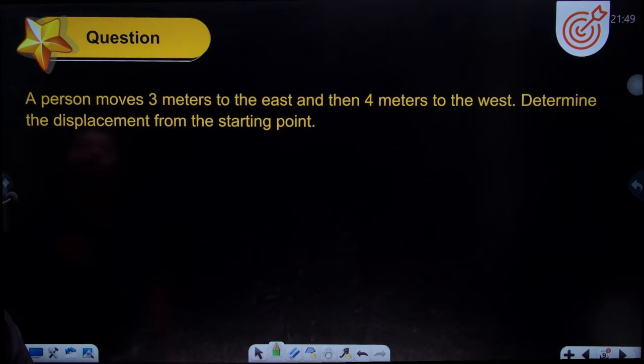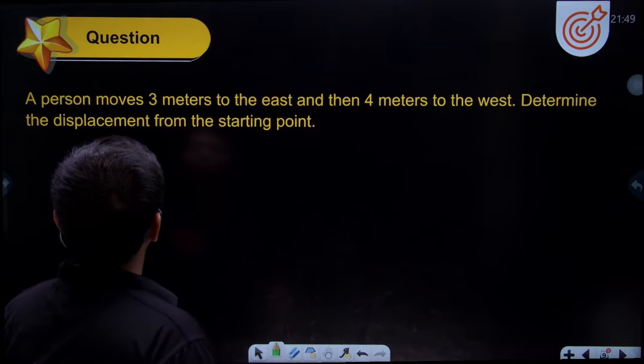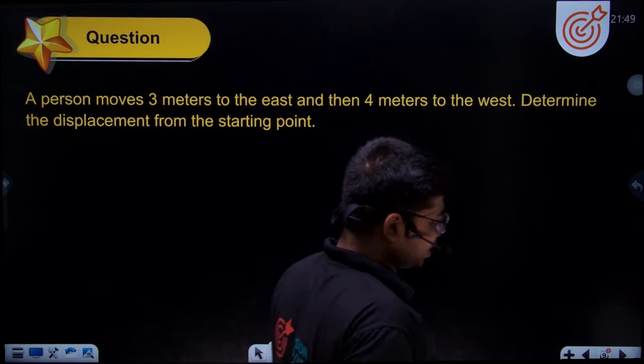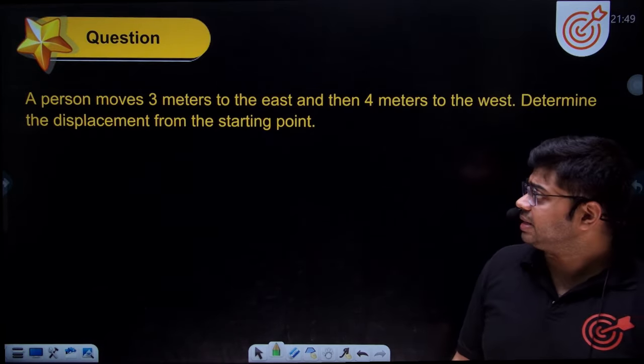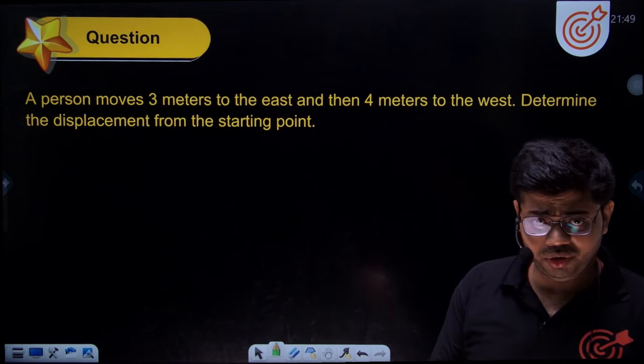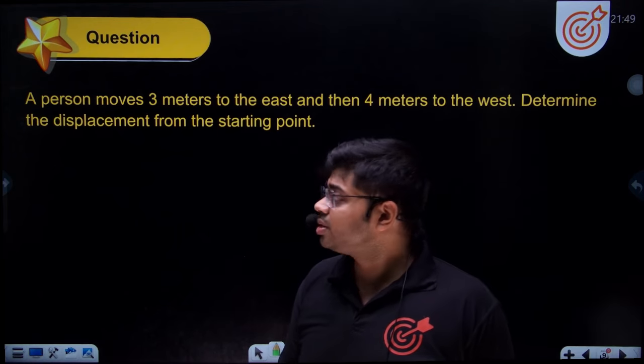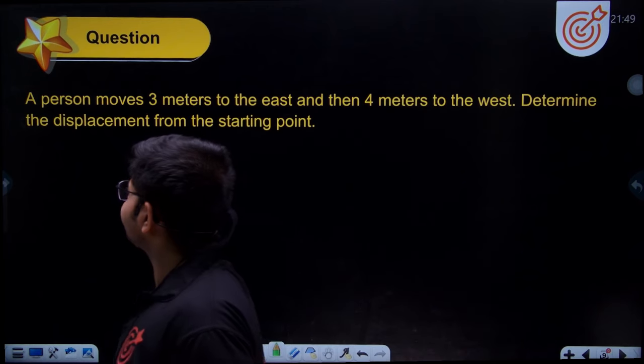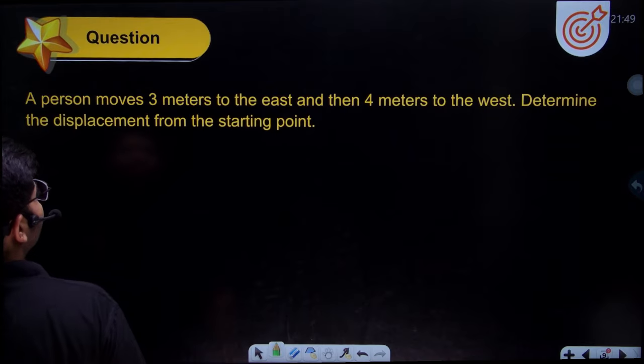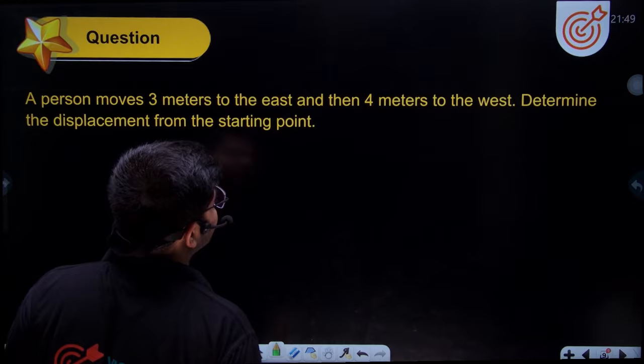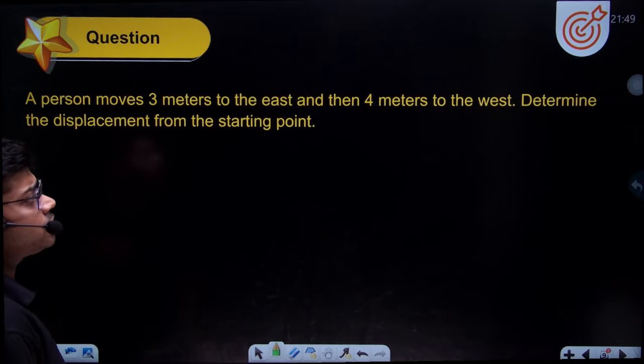Okay. Now the same thing, but now we have to find out the displacement. So look at the question now. A person moves 3 meters to the east and then 4 meters to the west.